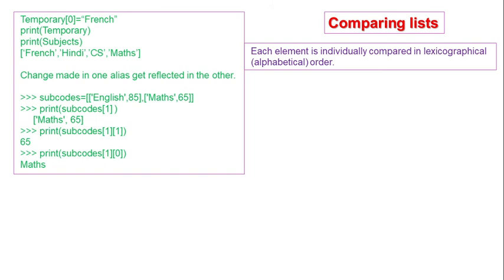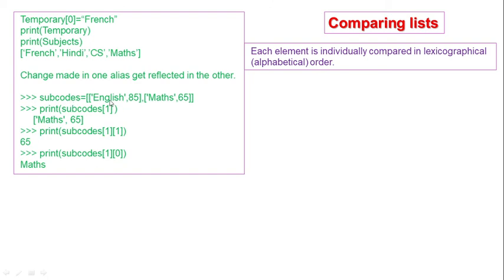Then subquotes, it's another list. Subquotes is a list of lists. We have two lists. One is English, 85, that's the first list. Then the second is Maths, 65, that's the second list in subquotes. Then print subquotes of 1. What will be the result?